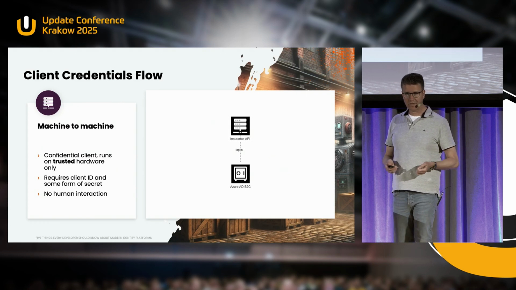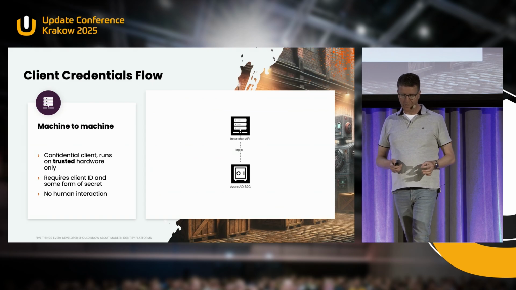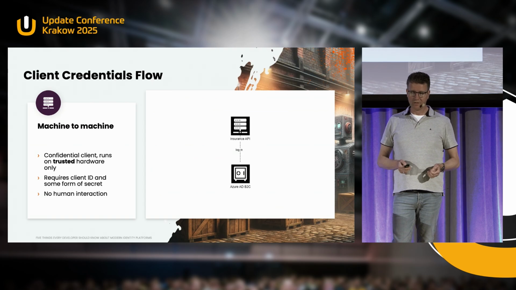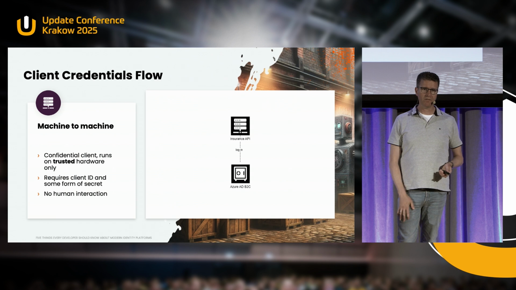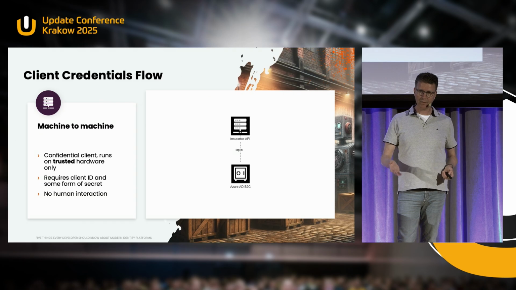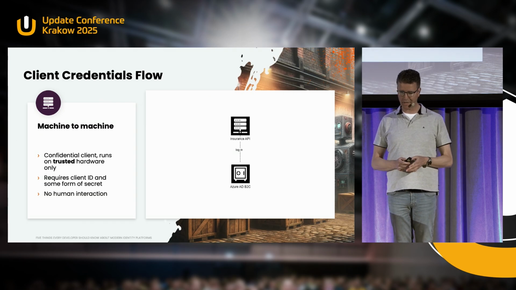You need a little bit of a secret so the client can identify itself. And there's no human interaction here. So the client will have that secret stored somewhere, maybe in a key vault or a certificate, whatever. And then it can use that to go to the IDP and get authorized and then get an access token back and do its magic.